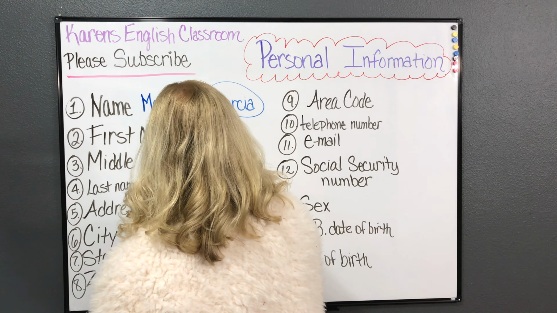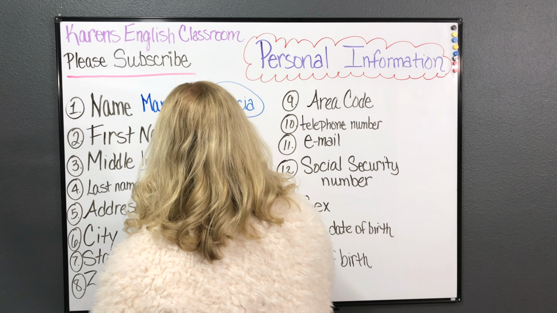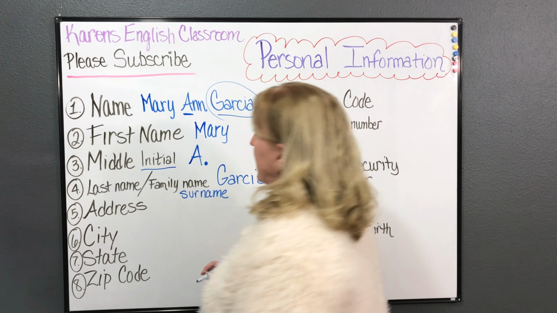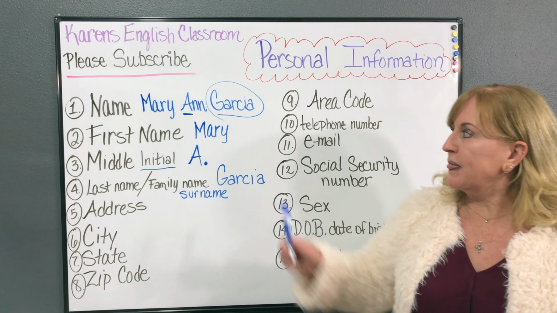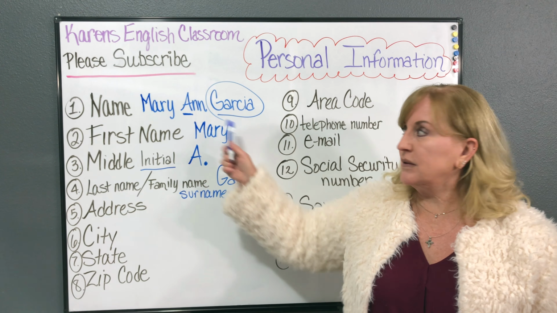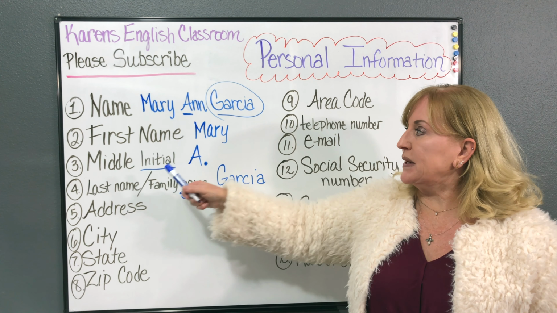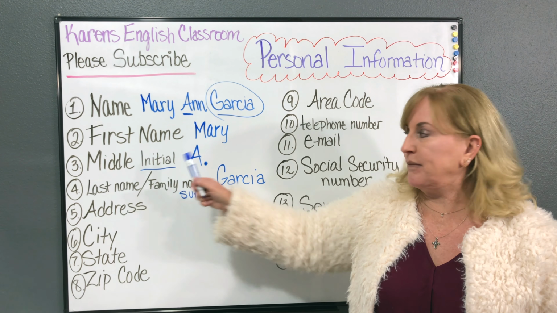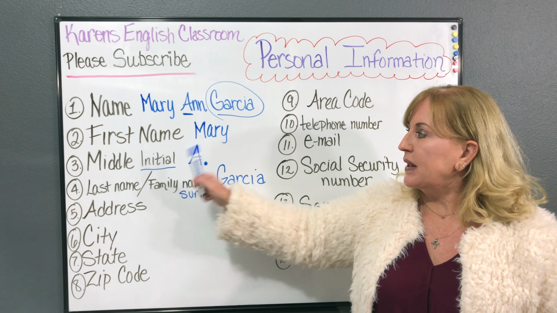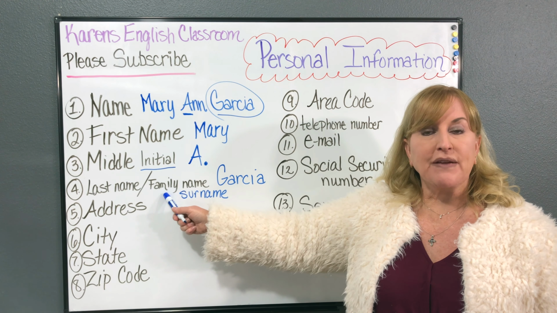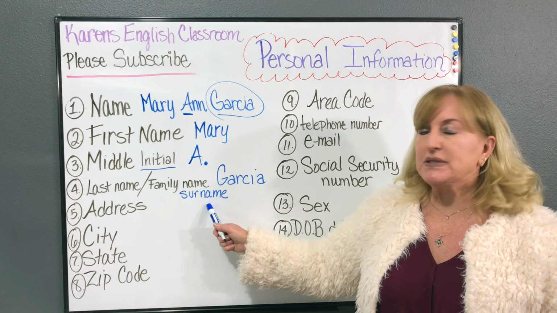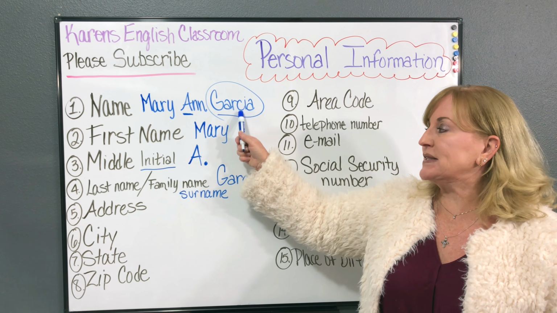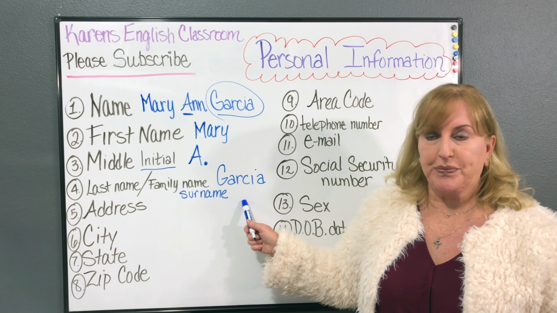So, Garcia. So Mary Ann Garcia, first name Mary. Middle initial, I only want the first letter of my middle name, A. Last name, some people say family name, some people say surname. So last name, Garcia.